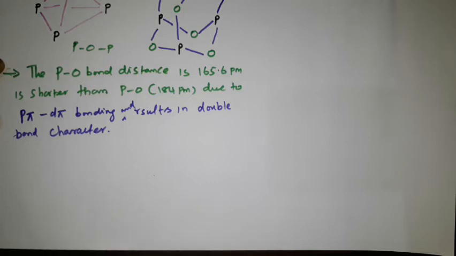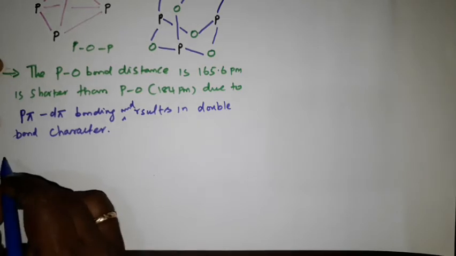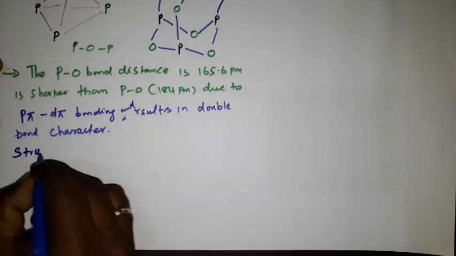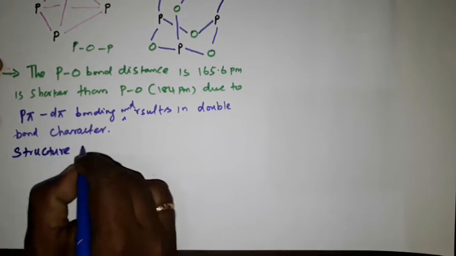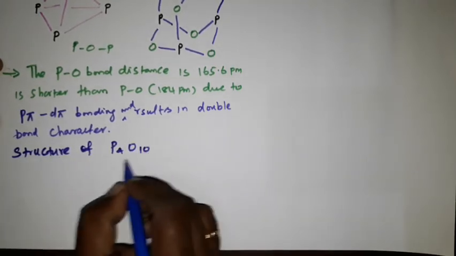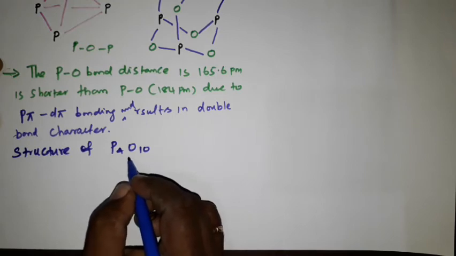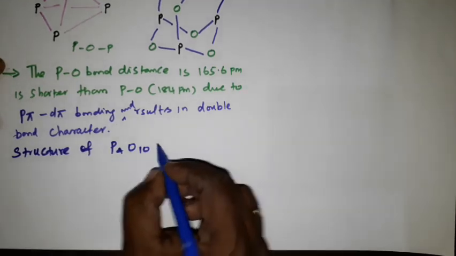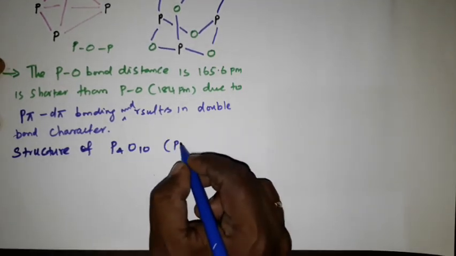Now we will see the structure of P4O10, that is phosphorus pentoxide.